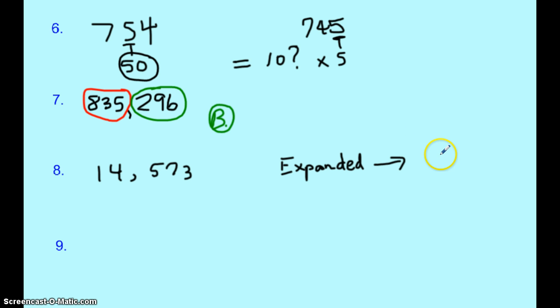All right? We want to show the value of each digit. So we want to show the value for each digit. And that's important, for each digit. Not two digits together, for each one.